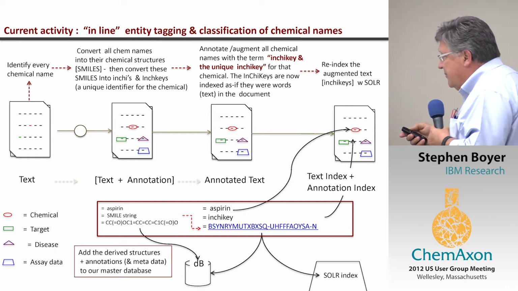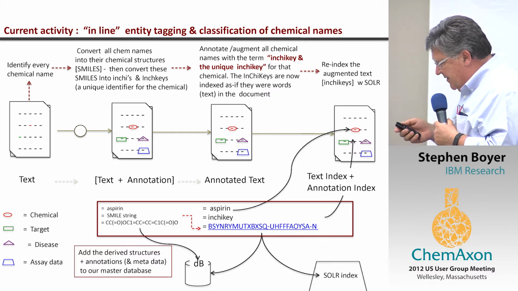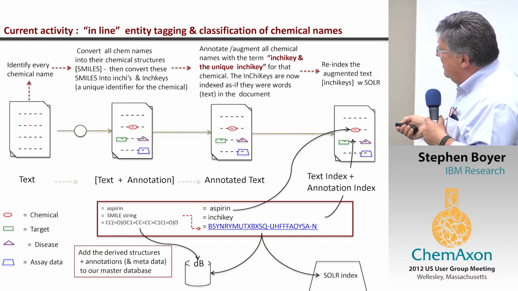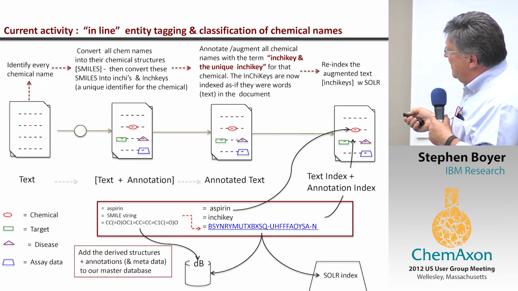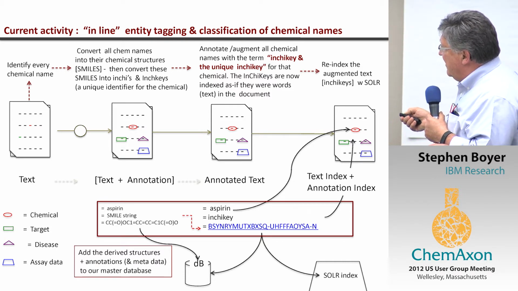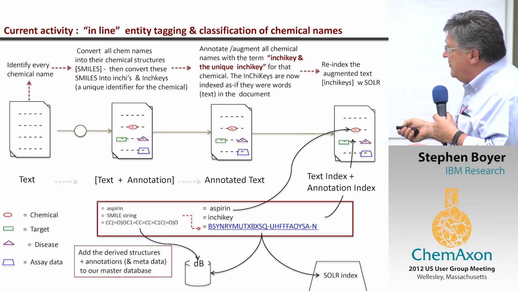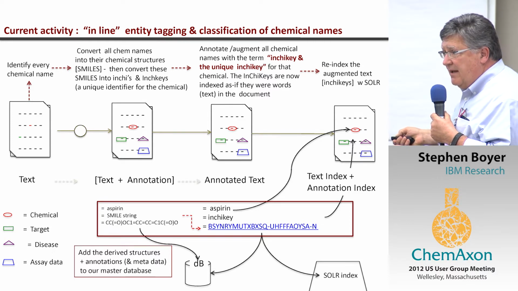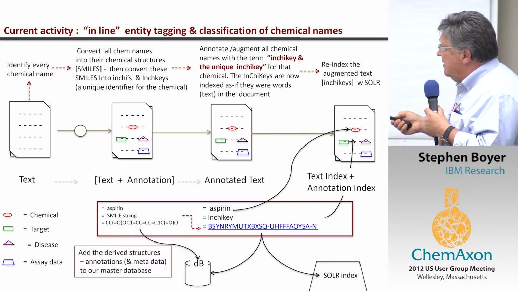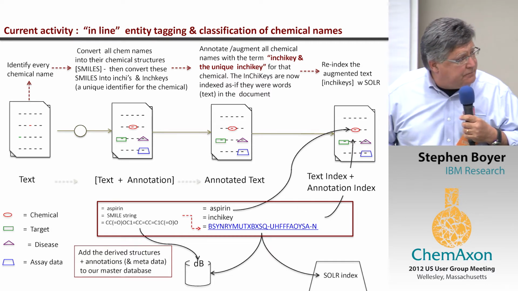A long time ago, we started curating various documents, patent and other documents, for chemical entities. The idea here is that you have text, you have words in the text, and we were identifying the chemical names within the text, and converting those chemical names into SMILES strings. Those SMILES strings were going into a database, used to do substructure searching so that you could identify where those chemicals occurred within the context of the text.